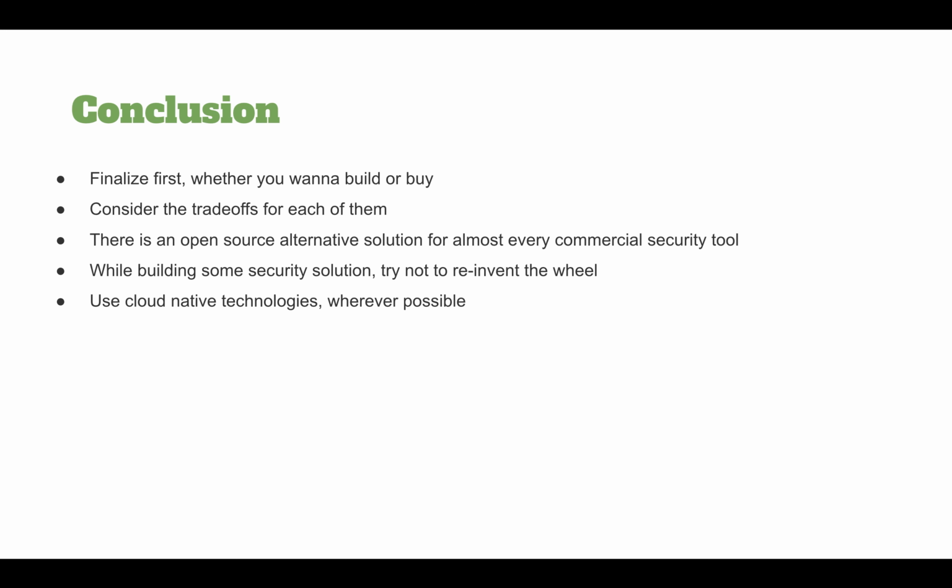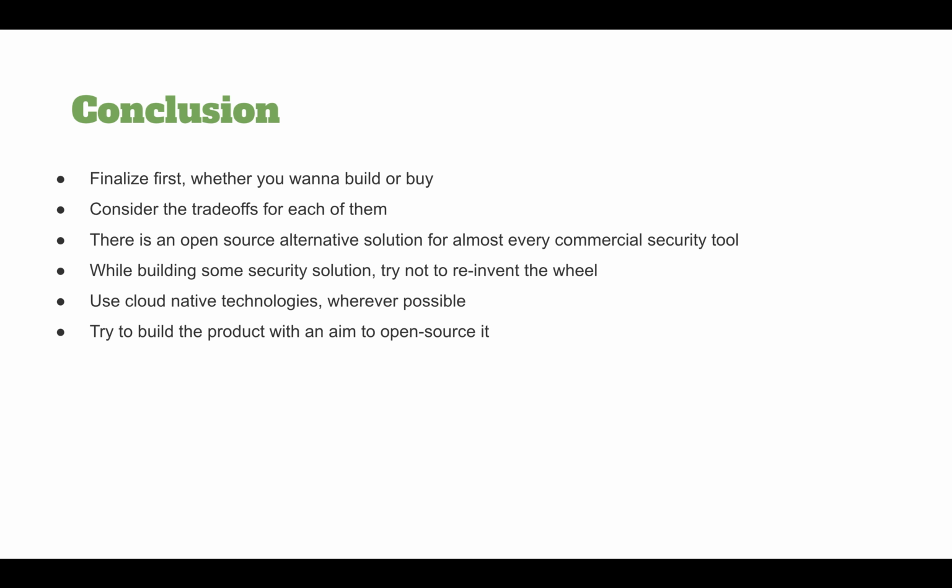I would suggest using cloud native technologies wherever possible. Very, very important because it makes scaling and deploying very, very easy. Try to build the product with an aim to open source it. I believe that you should not build a product which is very tightly bound to your infrastructure, because your infrastructure might change at a later point of time and then you would have to redo everything again.